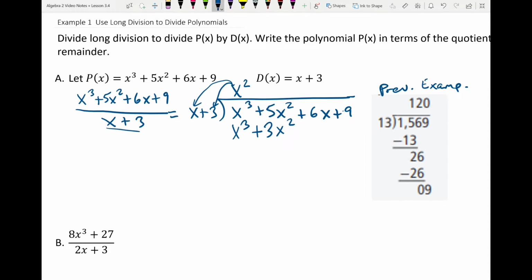So we did the 13 times 1 to get 13, right? And then now we're subtracting, right? So we're going to do that here. Now we subtract, and I'll put this in parentheses too, so you can see that. So now x cubed minus x cubed is 0. 5x squared minus 3x squared is 2x squared.